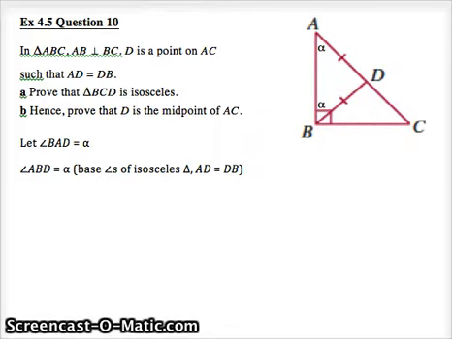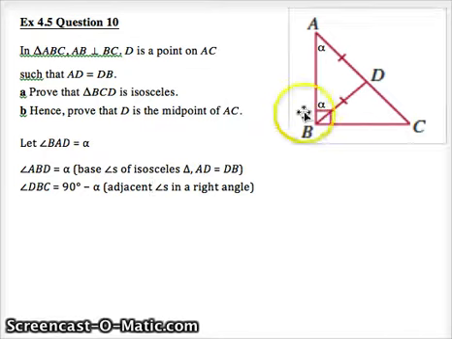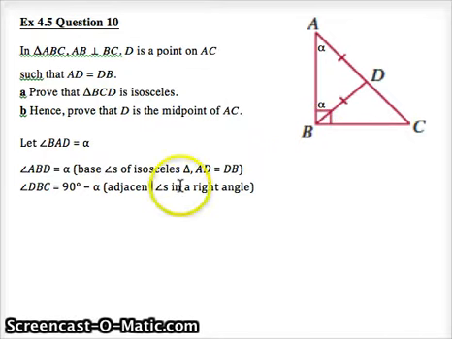So we're just going to write that down. Angle DBC equals 90 minus alpha, because we've got the angle sum of a right angle, or you can write adjacent angles in a right angle.